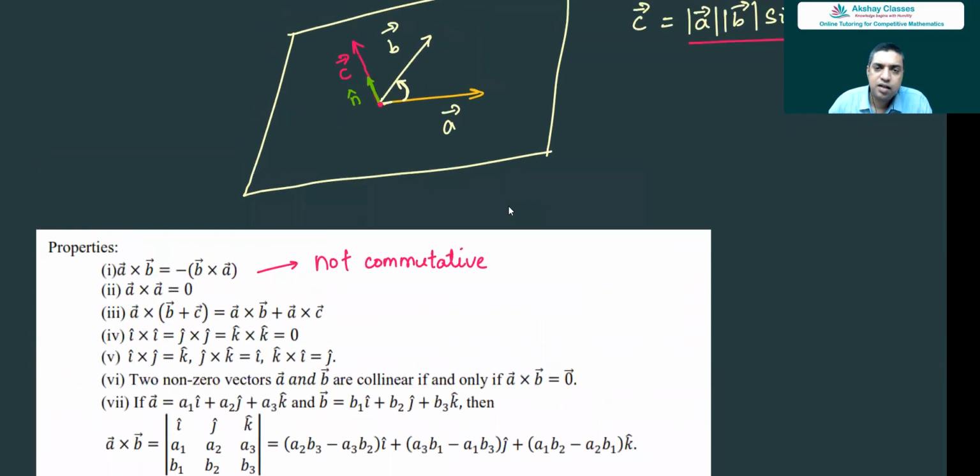The reason: when we do A cross B, we are curling the right hand fingers from A to B, and the direction follows the right hand thumb. But when we do B cross A, we curl the right hand fingers from B to A, so the direction of the right hand thumb will be downwards. It will be opposite of this.